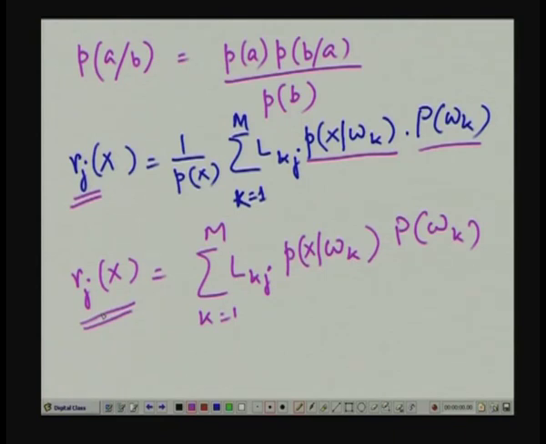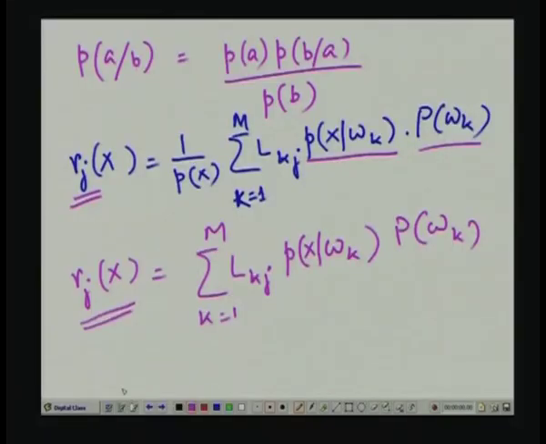Usually, for practical purposes, we assume that this loss function L_kj, the loss incurred for taking a decision in favor of k when the actual class is j, is equal to 0 for taking a correct decision and equal to 1 for taking a wrong decision.